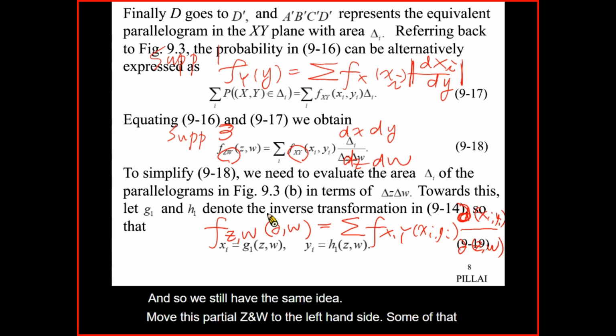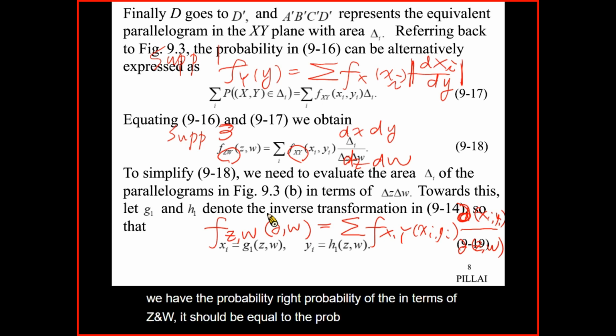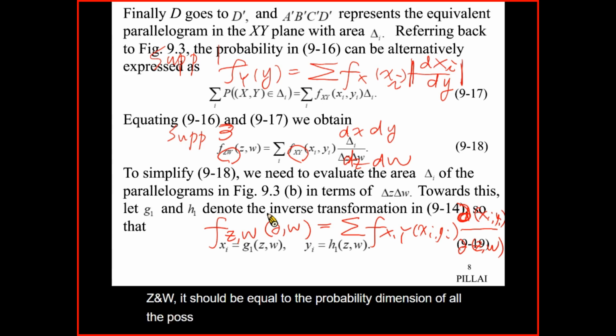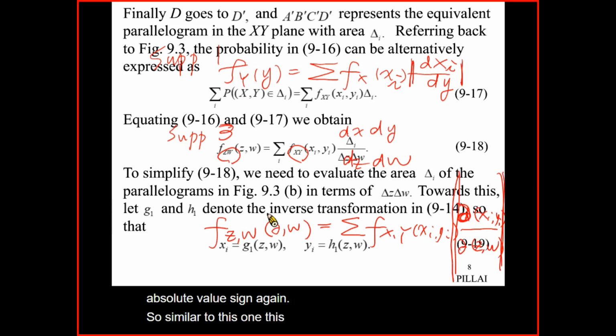Summarize, we have the probability, right? Probability observed in terms of z and w. It should be equal to the summation of all the possible probabilities. Well, I still forgot one thing. We should have the absolute value sign again. So similar to this one. This time we have two variables.